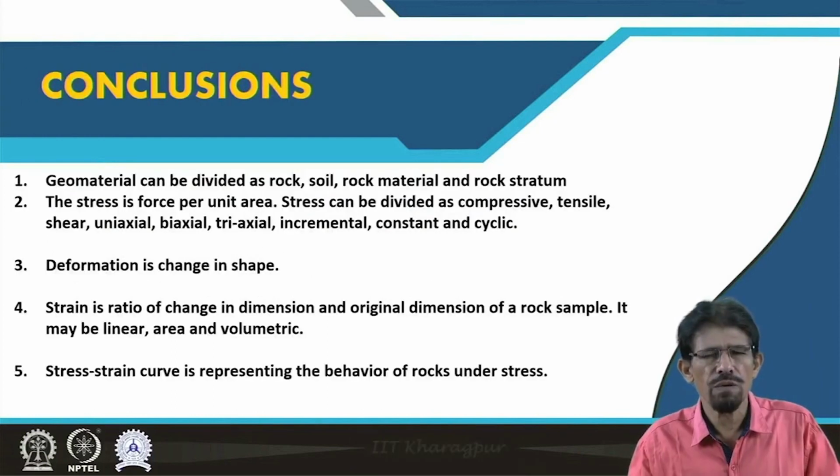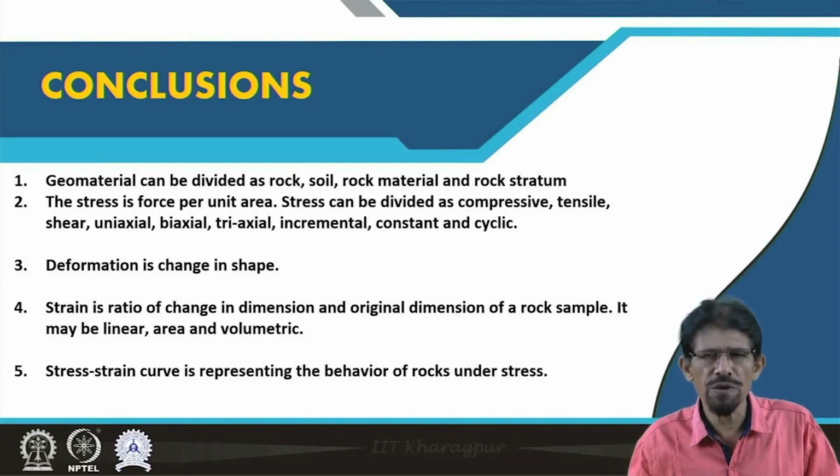Now we are going to conclude. Geomaterial can be divided as rock, soil, rock material, rock stratum or strata. The stress is a force per unit area, and the stress can be divided as compressive, tensile, shear, uniaxial, biaxial, triaxial, incremental, constant and cyclic.